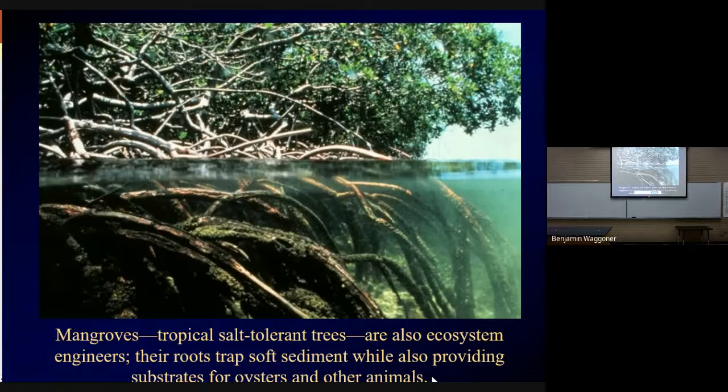Globally, this is kind of an endangered ecosystem because the places where mangroves grow also tend to be the places where people like to build condos. A couple of years ago, I went to visit my wife's uncle, who is a real estate tycoon in Florida.